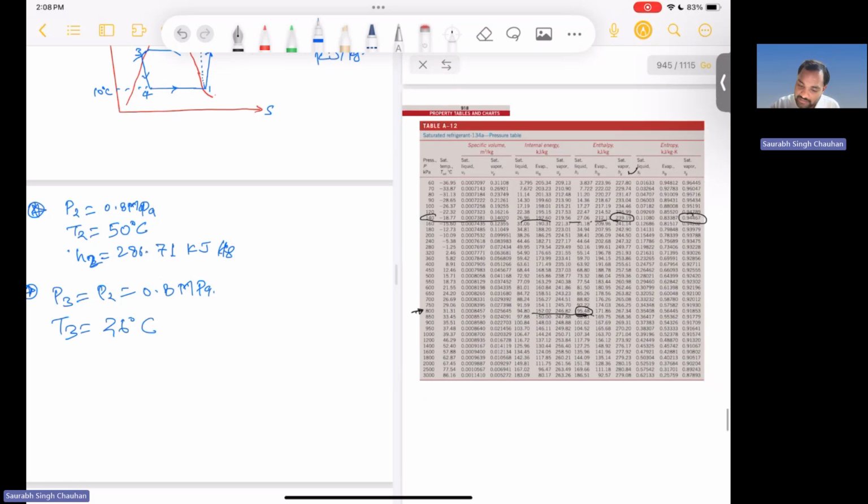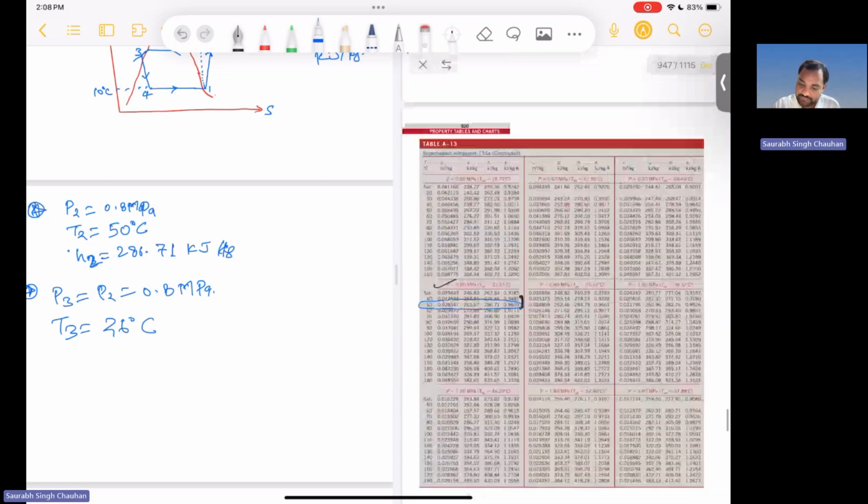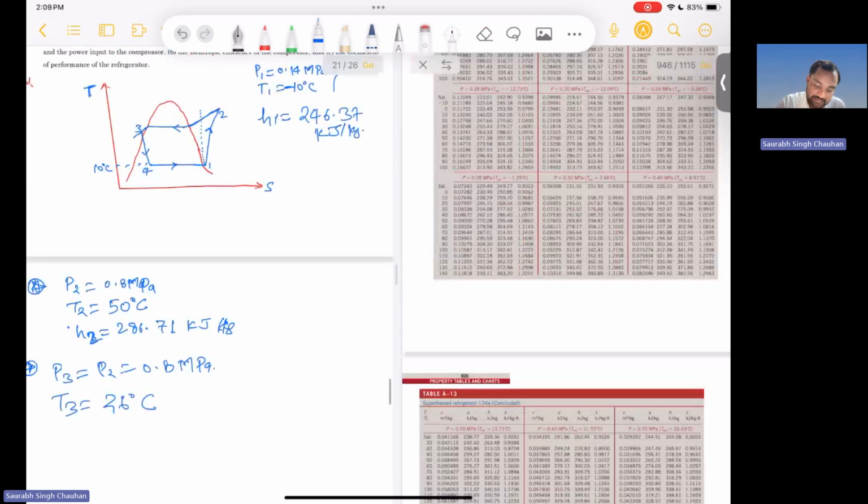We don't have the subcooled table, so we can just assume that the enthalpy at point 3 is equal to the enthalpy of saturated liquid at this pressure P3.